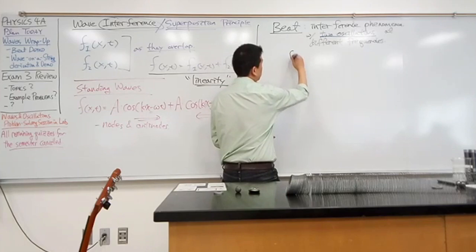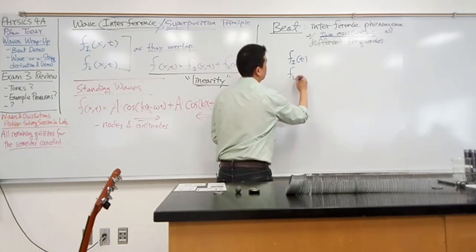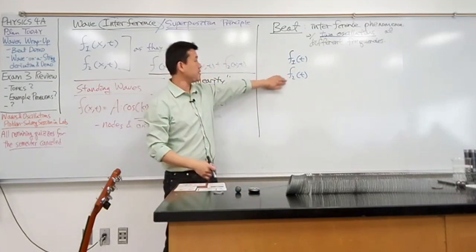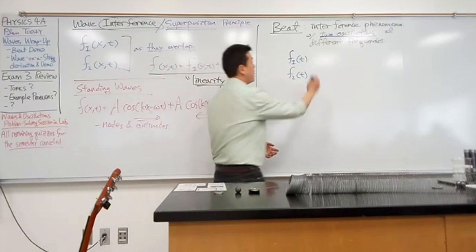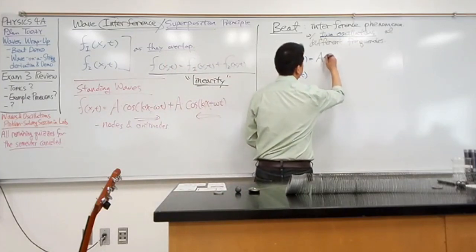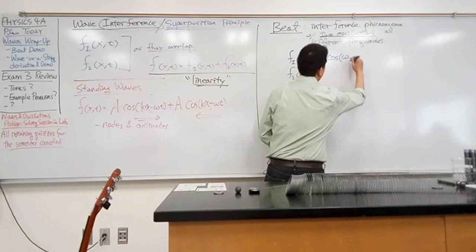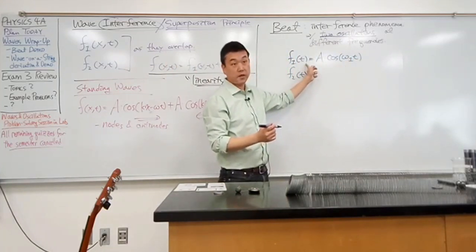So I have two functions, f1 as a function of time, f2 as a function of time. Both of these I can describe as some periodic oscillation. So they have some amplitude times, let's call this, cosine of omega 1 t. This is the angular frequency of this oscillation.